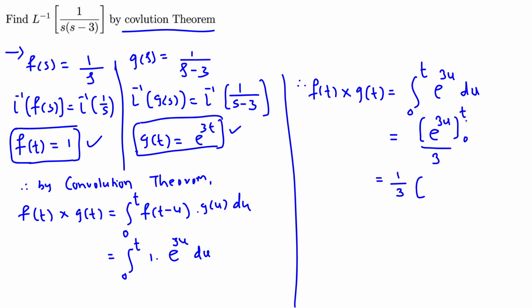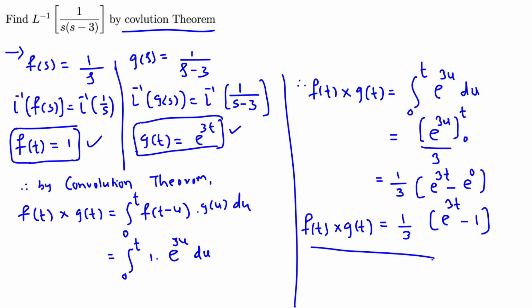Instead of u, initially I'm putting the upper limit, that means t, so you will get e raised to 3t. In between you compulsorily have to give a minus sign. Now instead of u, you have to put the lower limit, that is 0. So e raised to 3 into 0 will be e raised to 0, which is 1. So your final answer will be 1 by 3 in brackets e raised to 3t minus 1. So f of t into g of t is equal to 1 by 3 into (e raised to 3t minus 1).